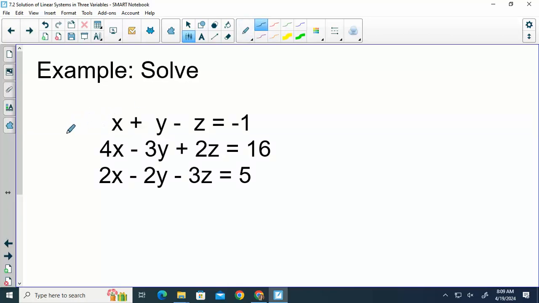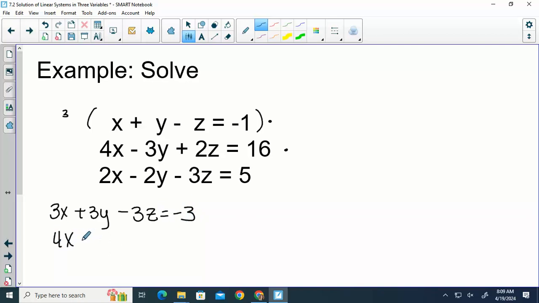If I took these 2, I could take the top one times 3, and that would eliminate my y. So I get 3x plus 3y minus 3z equals 93, and 4x minus 3y plus 2z equals 60.